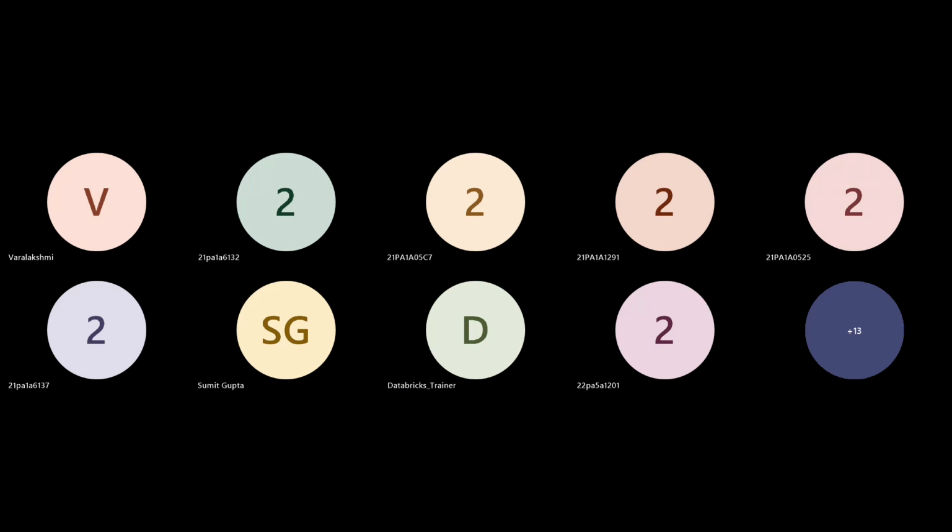Can anyone tell me what is the difference between RDD and data frame? Data frame stores the data in tabular format, correct, whereas RDD stores data in partitions.